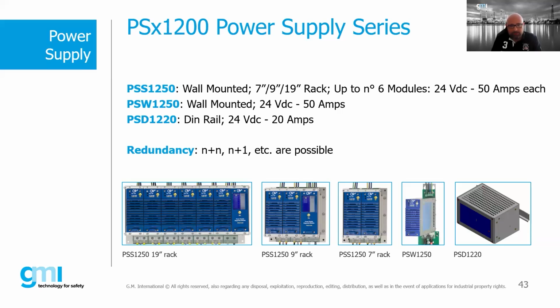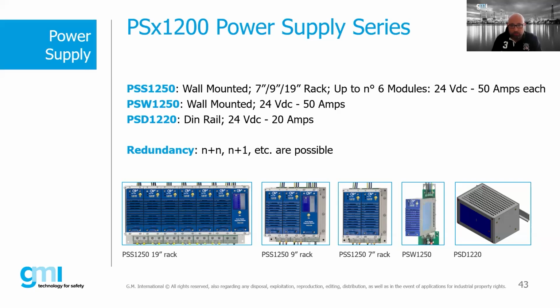A power supply system is available in a 7, 9, or 19 inch rack, and it can contain up to 6 power supply modules. Each one of them can provide up to 50 amps. Two of these racks also have a slot for a diagnostic module to monitor the health of the system and the application.